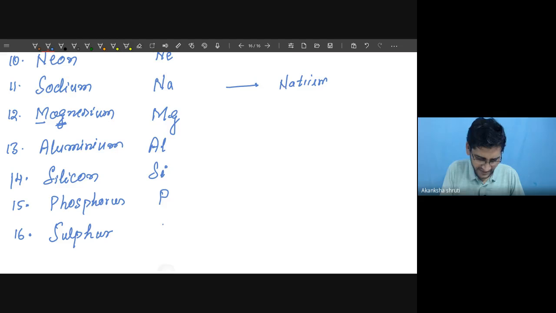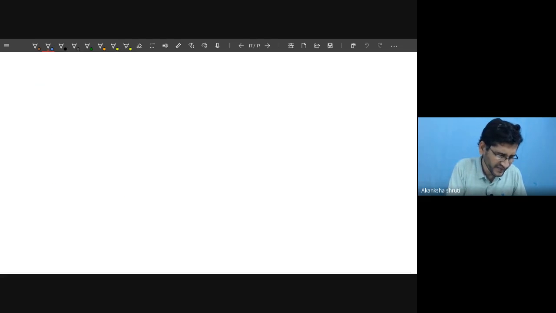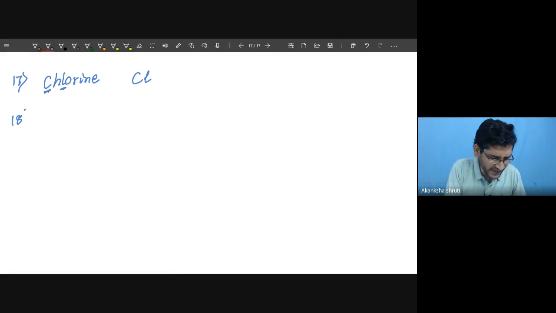The symbol is S. Here we are getting Si for silicon, but S is for sulfur. Then chlorine. Let us go to the next page. The 17th one is our chlorine. The symbol is C, with the C, one L is there. C and L. The 18th one is argon.